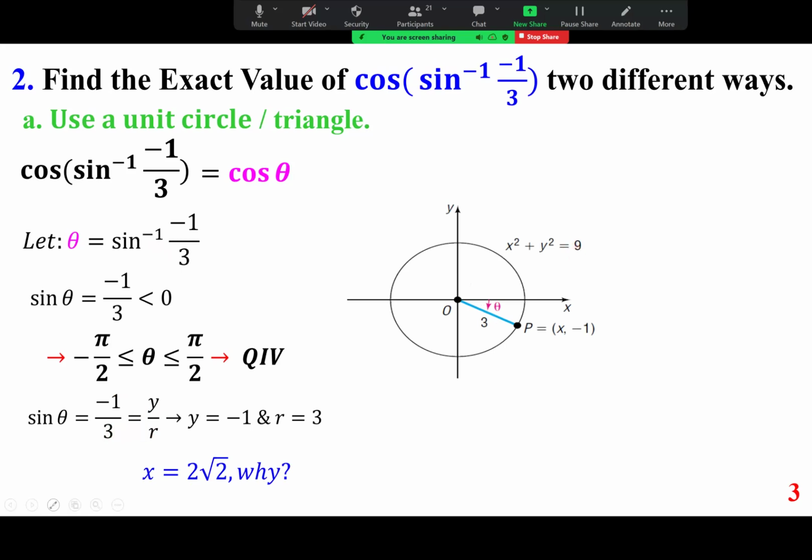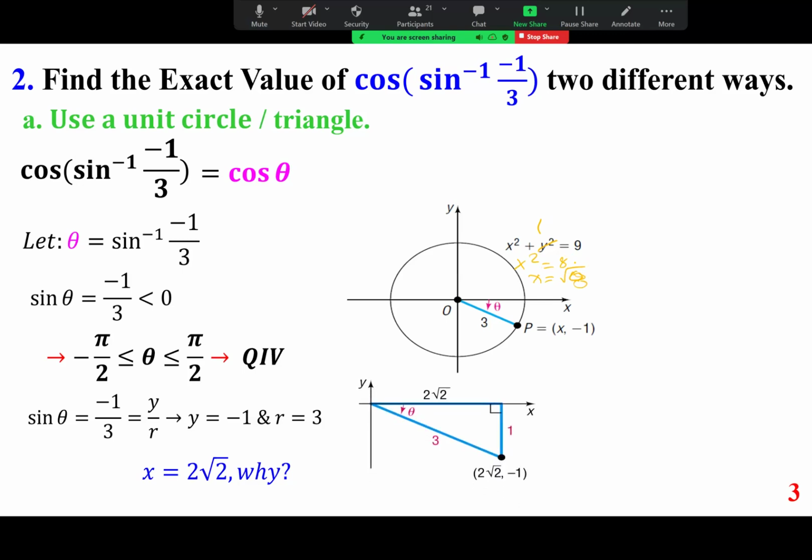So if that is the case, everybody, y squared is -1 squared or 1. X squared is 8. X is square root of 8, which is 2 square root of 2 because it's 4 times 2. 4 comes out as 2.